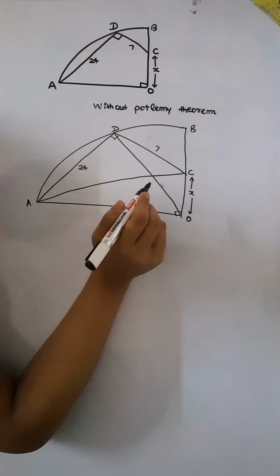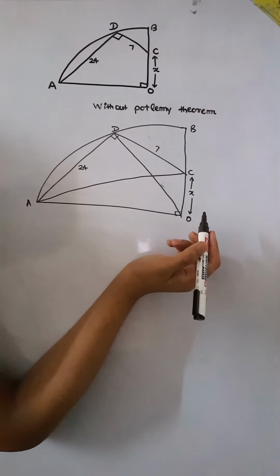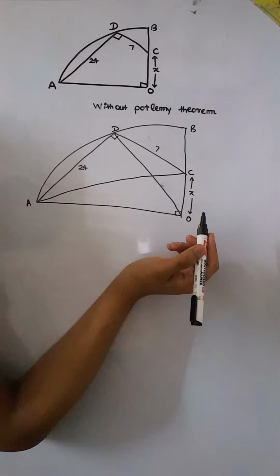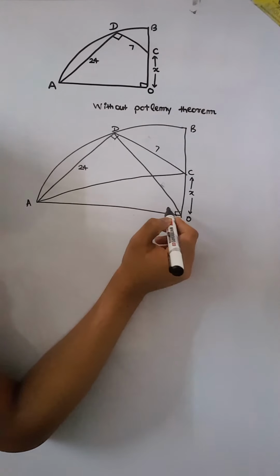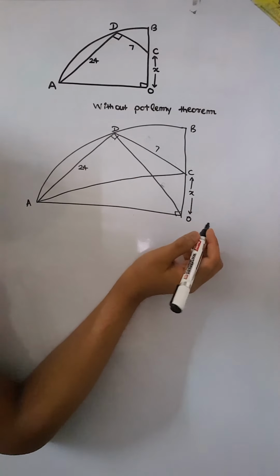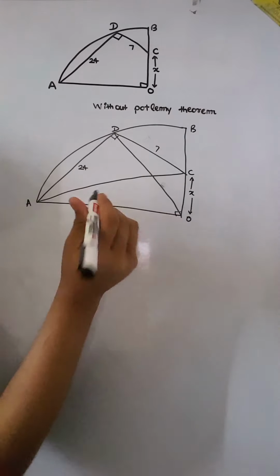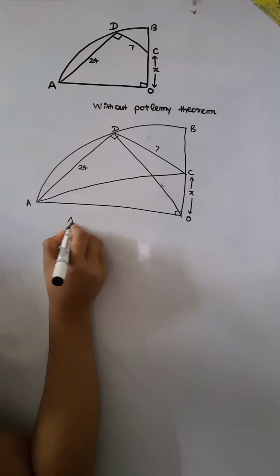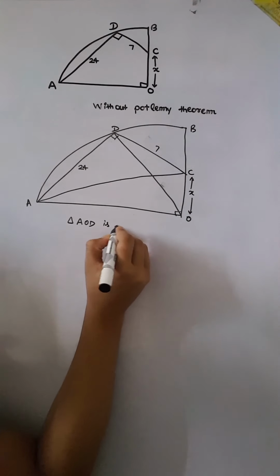Now, if we see, the triangle AOD is an isosceles triangle.